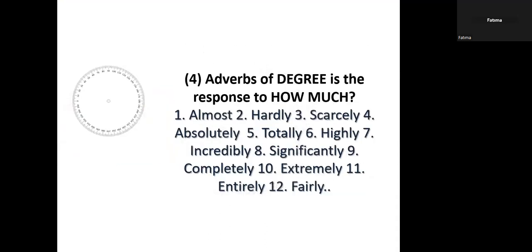Okay. Now, adverbs of degree in response to how much. How much? Yes, you know them. Almost, hardly, scarcely, absolutely, totally, highly, incredibly, significantly, completely, extremely, entirely, fairly. Yes. They also show degree. Okay. Ahmed Bey absolutely found a job, for example.